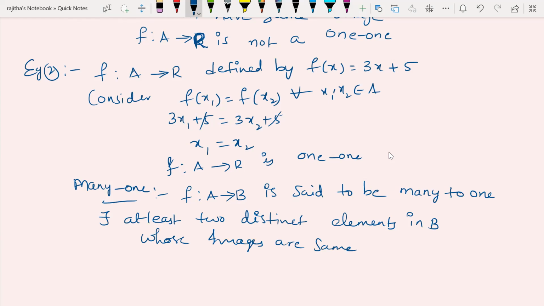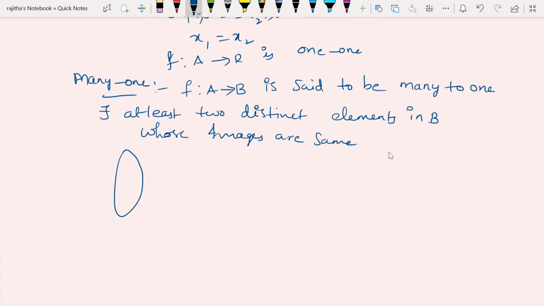For example, set A is 1, 2, 3, 4 and set B is a, b. 1 is associated with a, and 2 is also associated with a. 3 is associated with b, 4 is associated with b. Best example, f(x) = x² for all x belonging to R is a many to one function.